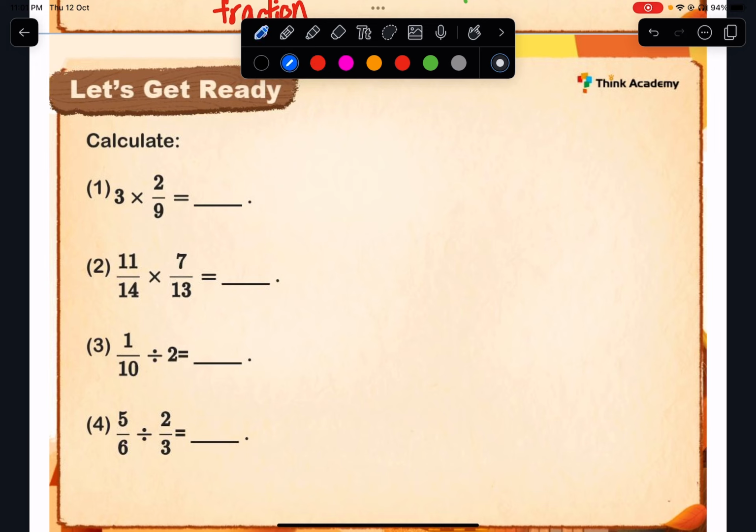So remember, 3 is an integer, and 3 is actually 3 out of 1, right? So we have 3 out of 1 times 2 out of 9. So when we are doing fraction multiplication, remember we multiply the top with the top and the bottom with the bottom. So at the top, we have 3 times 2. And at the bottom, we have 1 times 9.